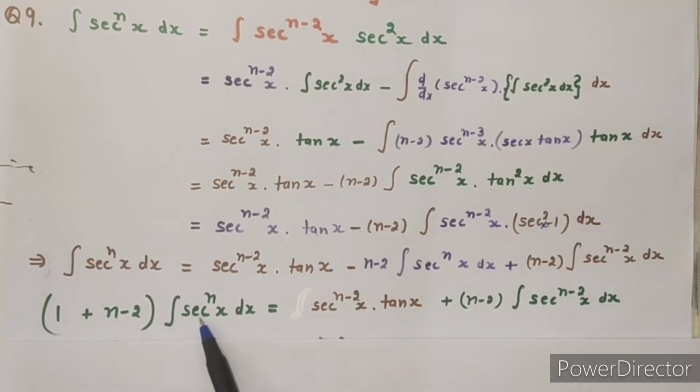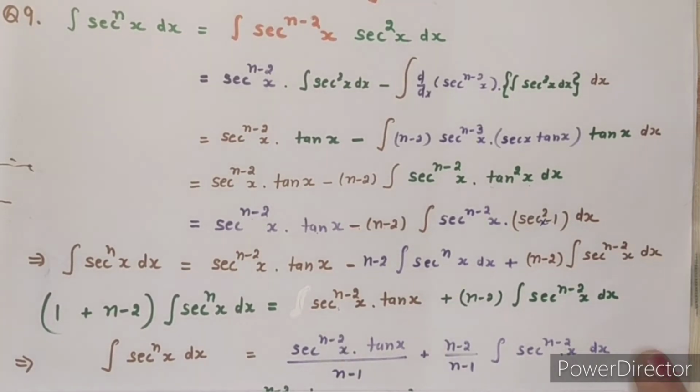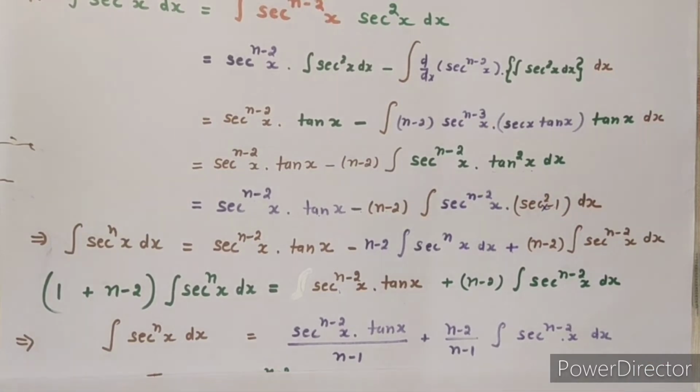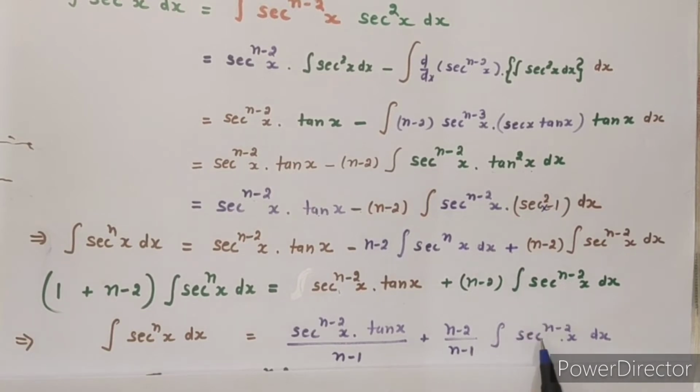So this is integration of secant nx dx. This term as it is, and the right hand side becomes secant n minus 2 x tangent x divided by n minus 1, plus n minus 2 by n minus 1 and integration of secant n minus 2 x dx.